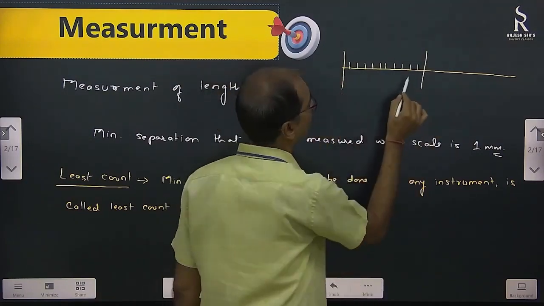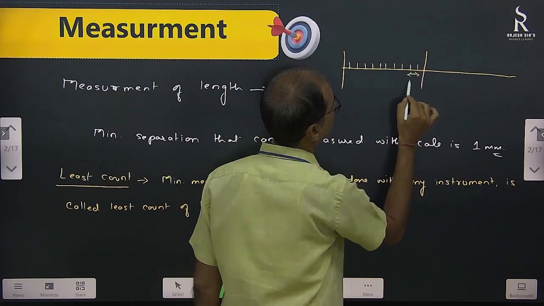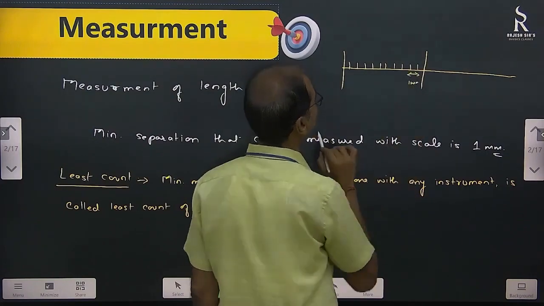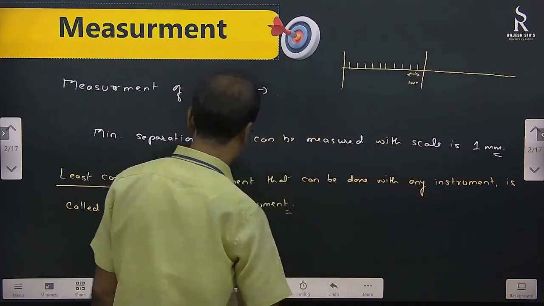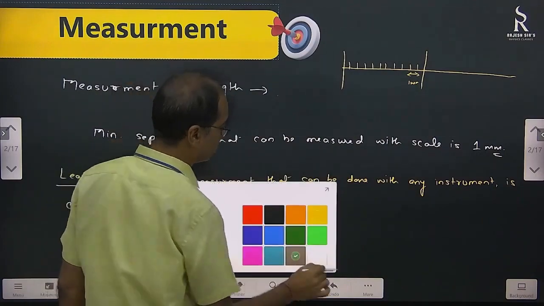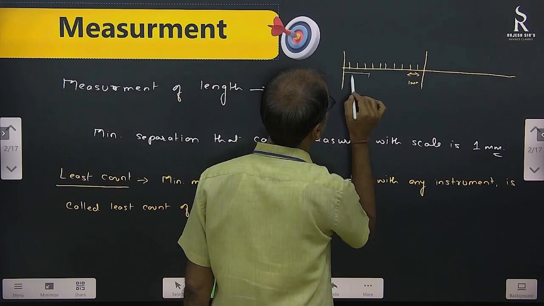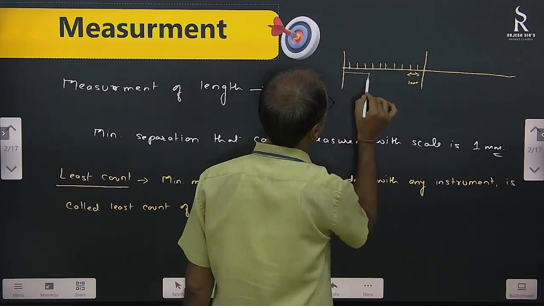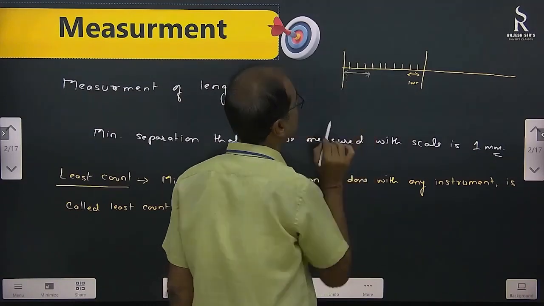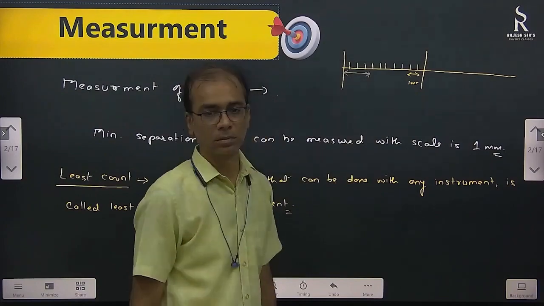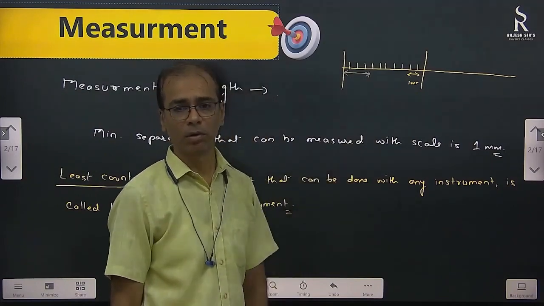This is 1 mm. But suppose I am measuring one length and that length is actually this much. Now what shall I do? It's in between 3 and 4.